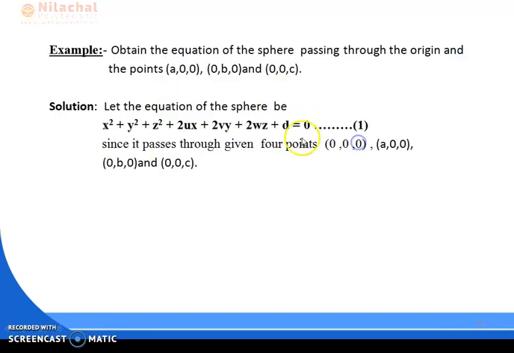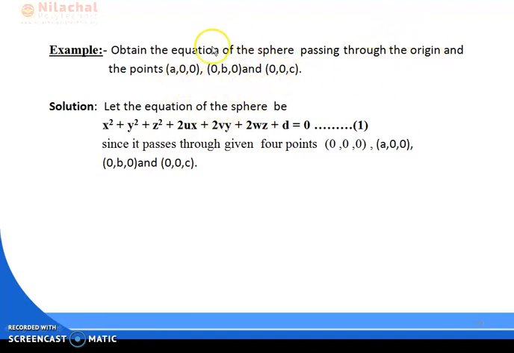So let's see an example. Obtain the equation of the sphere passing through the origin and the points A, 0, 0, 0, B, 0, 0, 0, C. So first of all, the origin is a point and another 3 points are given.